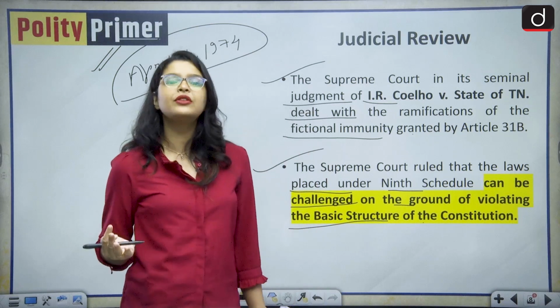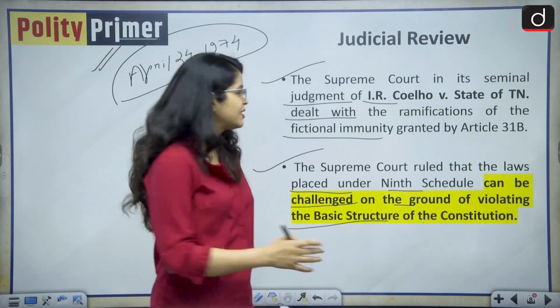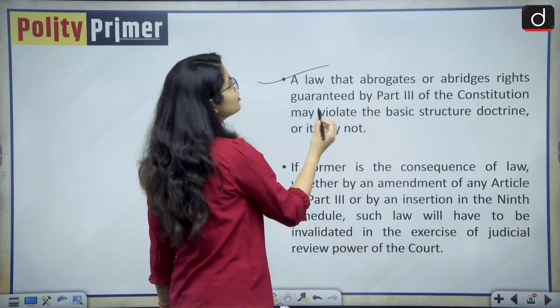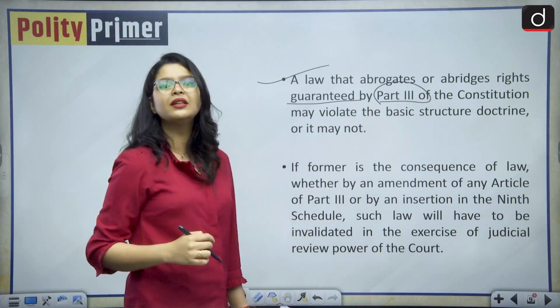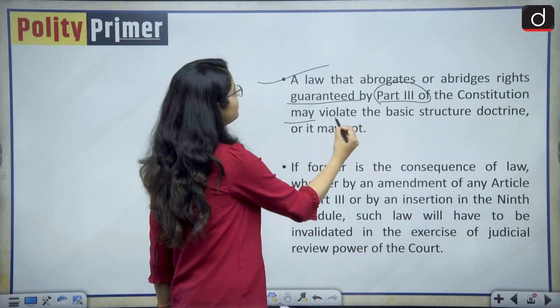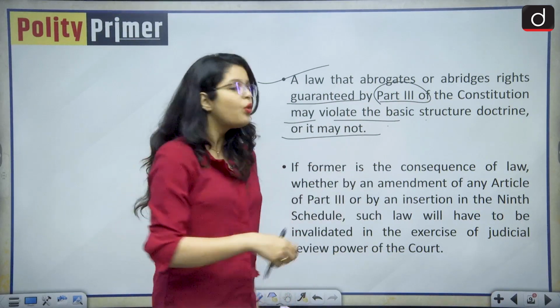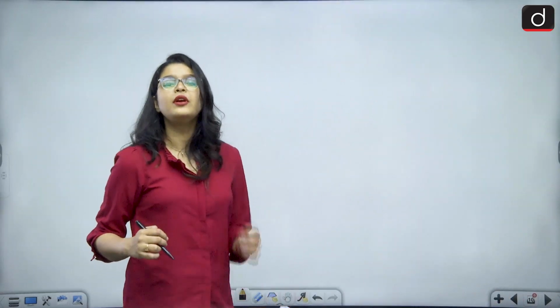Now let us see some of the important observations that the Supreme Court has made in this case. The first point is, a law that abrogates or abridges rights guaranteed by Part 3, that is the fundamental rights of the Constitution, may violate the basic structure doctrine or it may not. So what is it stating? Let me explain with the help of a flowchart.